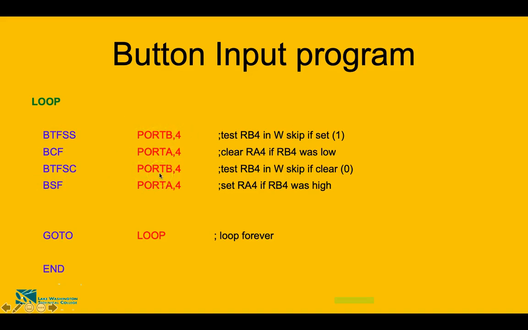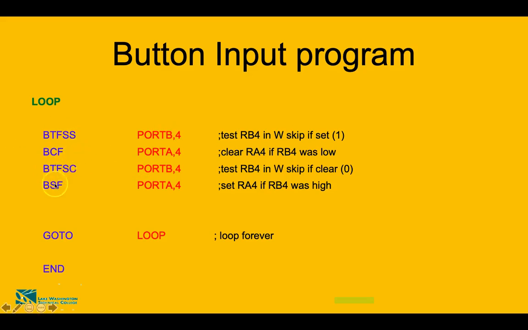You're doing the bit test for your switch S1, and you're clearing or setting the bit on your port A, which is your RA4, and RA4 is connected to the LED. So you're doing BCF and BSF for your LED, which is RA4, and BTFSC and BTFSS you're doing for your port B, RB4, which is connected to your switch S1.